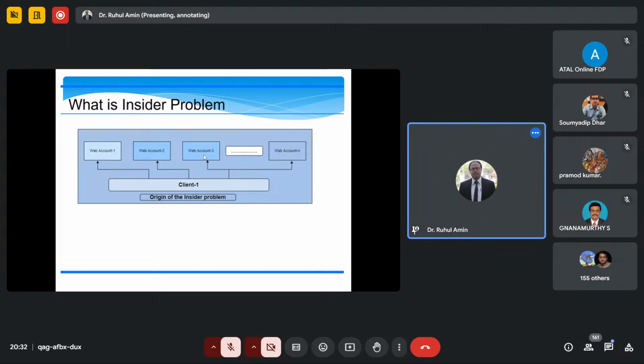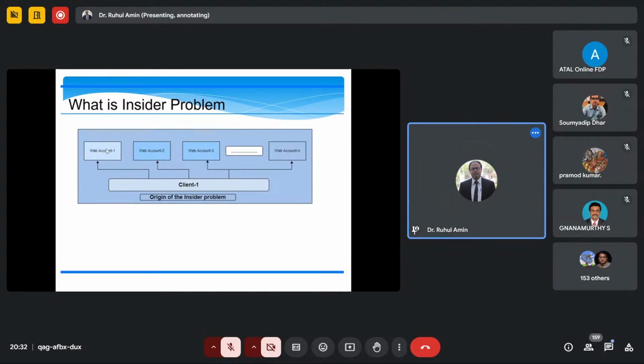Is there any problem? Yes, definitely there is a problem. You are trusting account 1 and using the password there, and also trusting account 2, account 3 and other accounts. Suppose account 1 somehow discloses your password, because you don't know what kind of mechanism account 1 uses to store your password. When logging into a system, we provide our login credentials, but we don't know what mechanisms they have used in the backend.